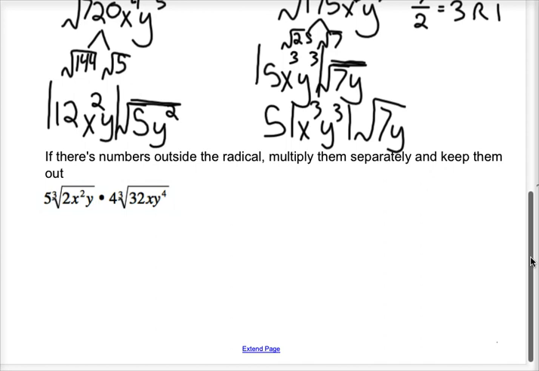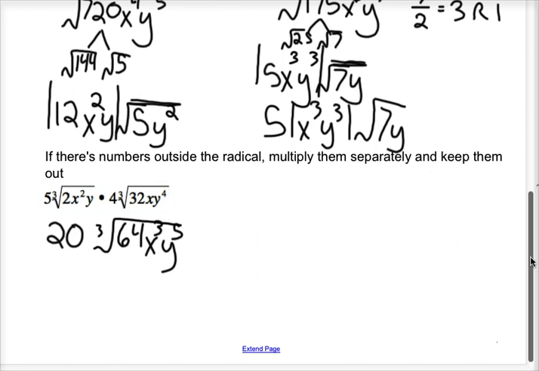So 5 times 4. Well, 5 times 4 gives me 20. And now let's worry about the insides. 2 times 32 is 64. And now I add my exponents. So that's what I get just with that multiplication process, okay, with combining the two radicals.